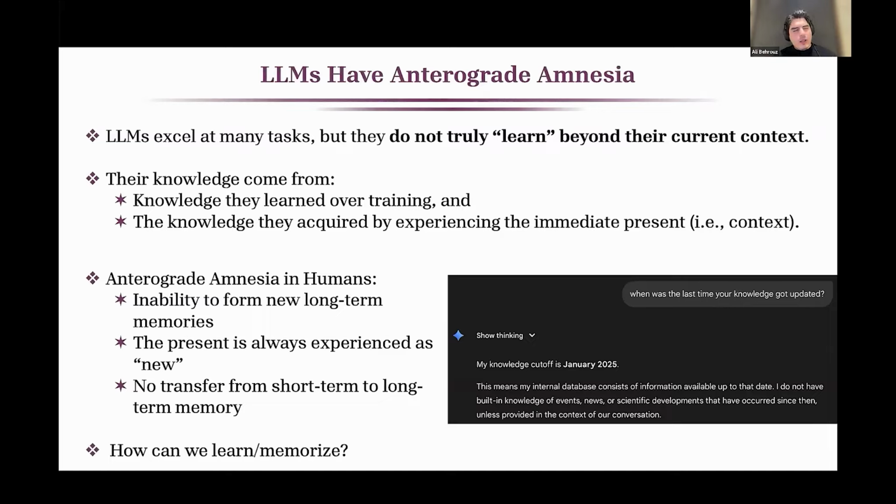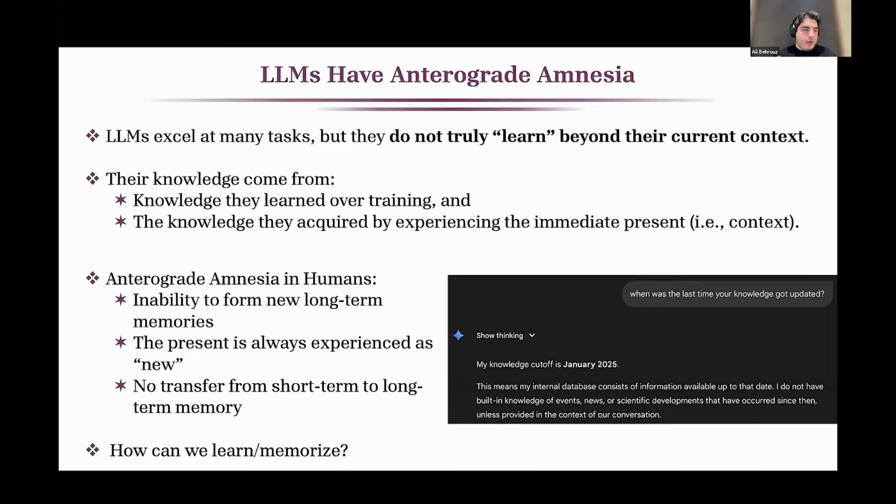And there is a very interesting similar connection to one specific condition in humans, which is called anterograde amnesia. After the onset of this condition, there is an inability to form new long-term memory.